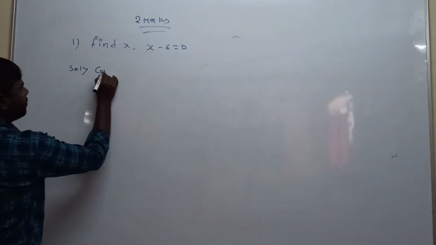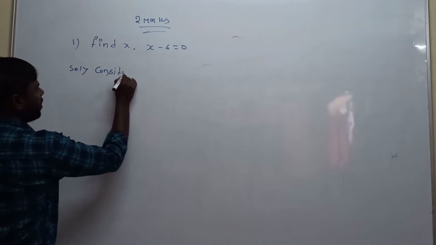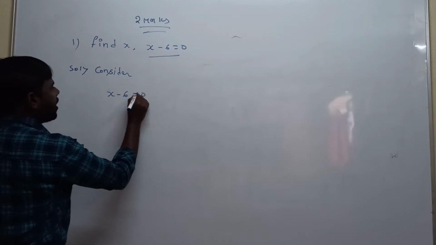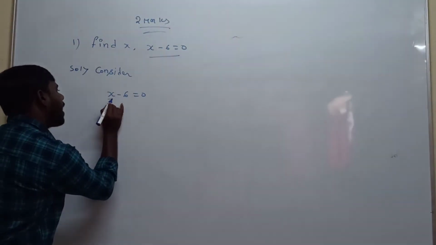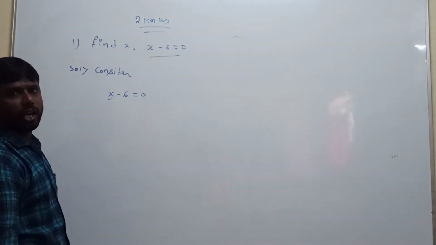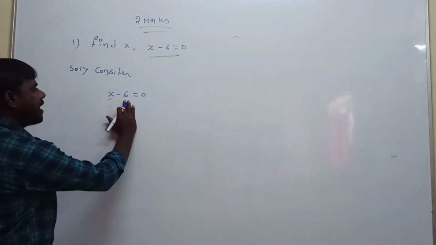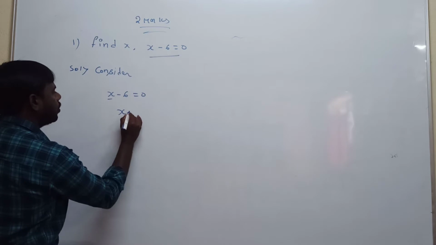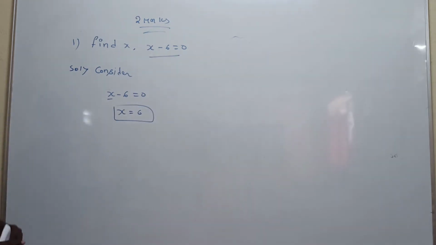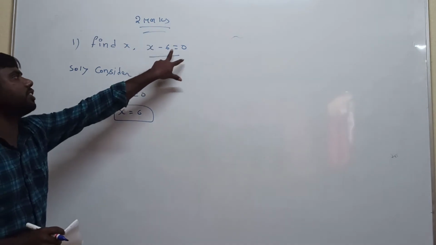Can you see that? So what is the given equation? x minus 6 is equal to 0. They are asking to calculate x only. The minus 6, take it to the right side. Which value are you getting? Positive 6. So x is equal to 6 is the answer. You understood? The given equation is x minus 6 is equal to 0.